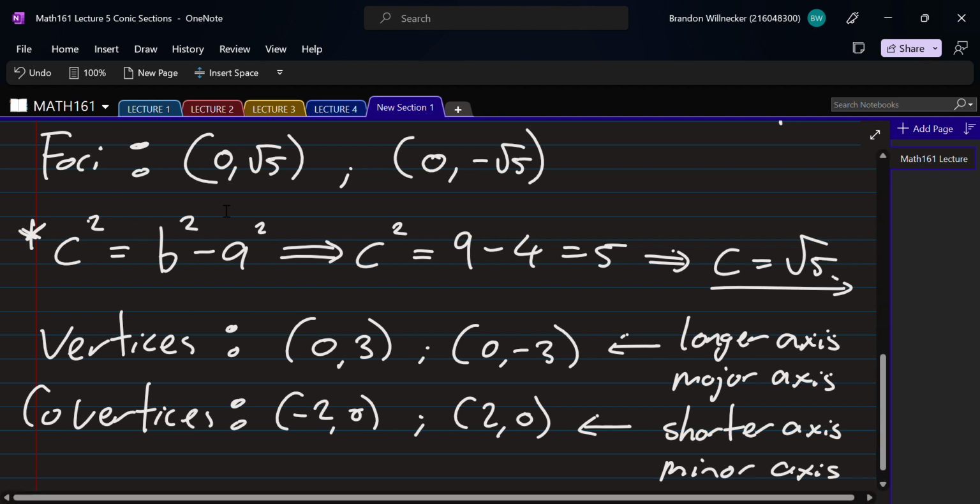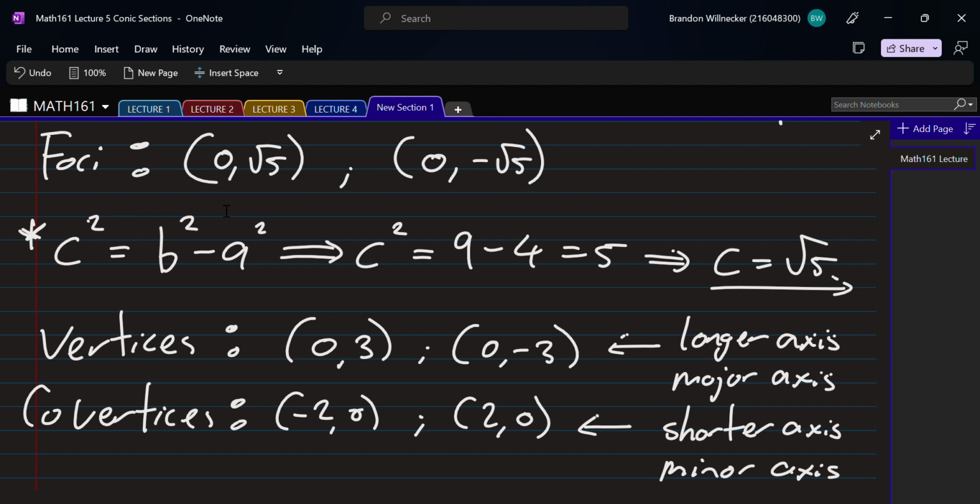You can call it the major axis, the minor axis, the longer axis or the shorter axis, as long as you understand the difference between the vertices being along the longer one and the co-vertices being along the shorter one. But if you do look up this information online, just note that they do use major axis and minor axis. So just keep that in mind.